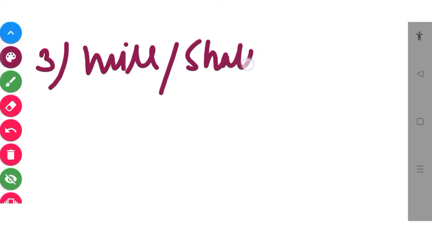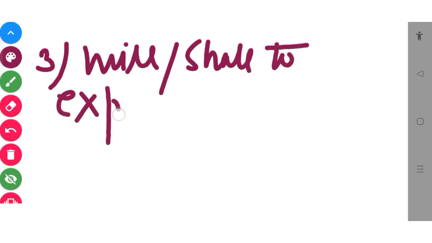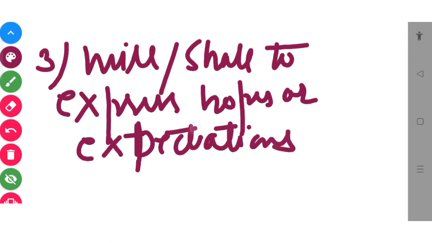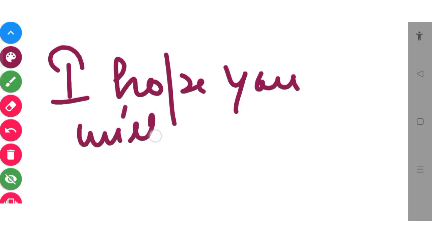And the third use for the future tense is that will or shall can express hopes or expectations. If we expect something from someone, or from ourselves also, we can use future indefinite tense. For example, I hope you will definitely win.